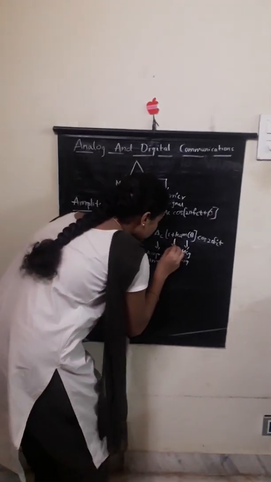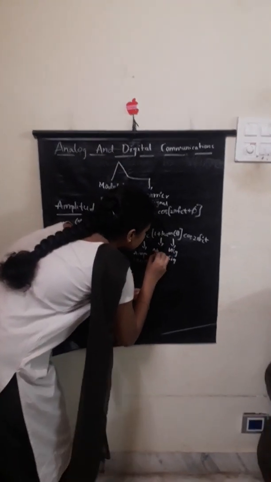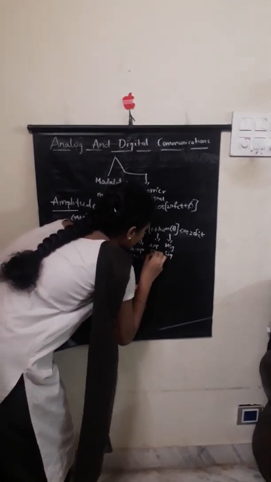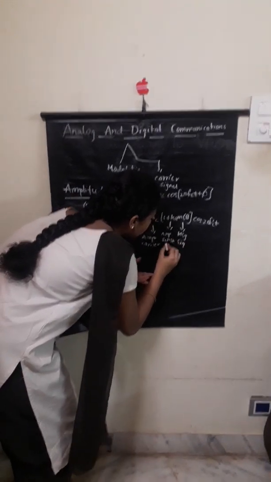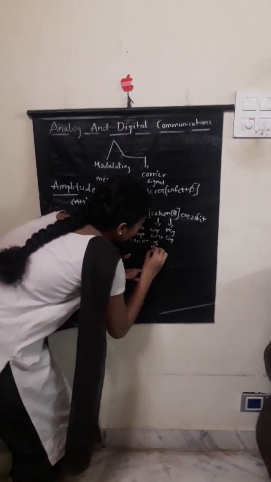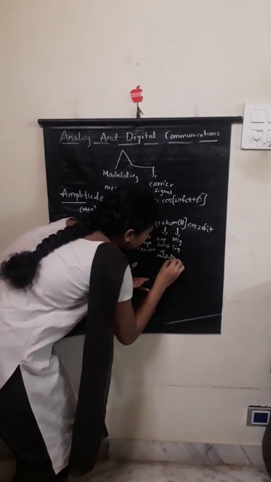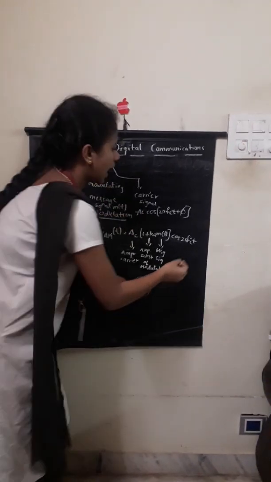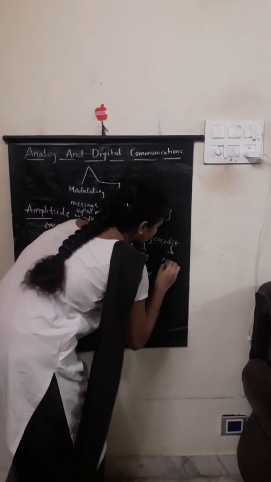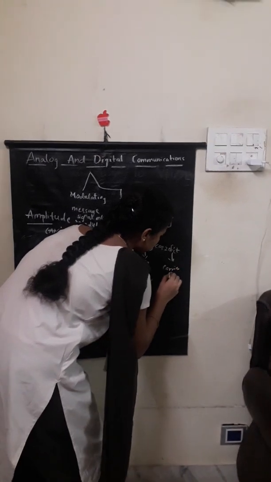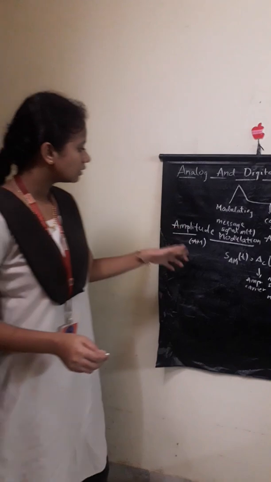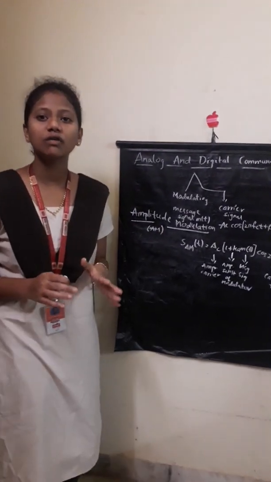And Ka is the amplitude sensitivity of the modulator, and fc is the carrier frequency.